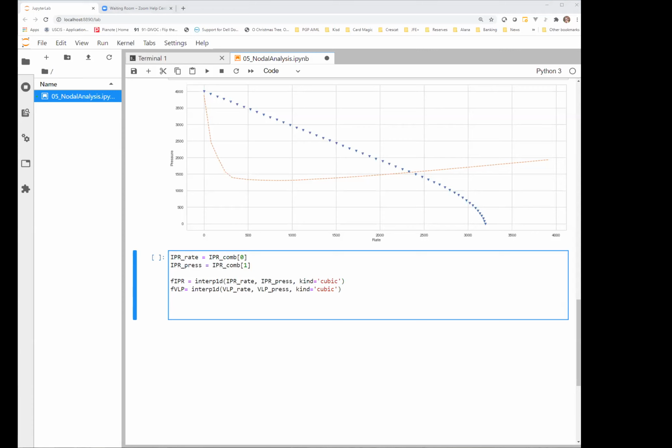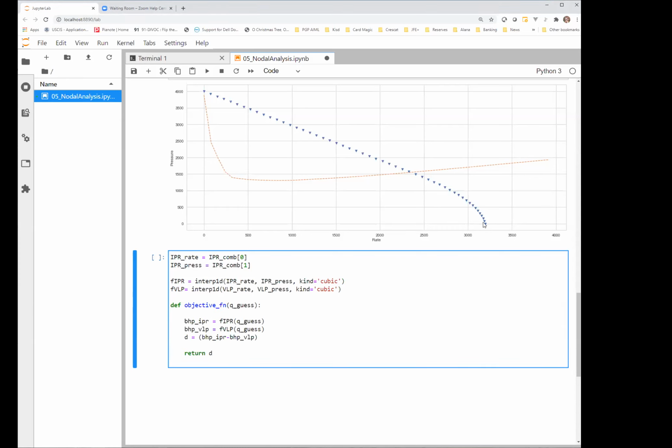Then, as I mentioned, we have to define an operating function, which is nothing else than the difference between the two pressures, and that's what the optimizer needs to minimize. So let me explain this objective function.